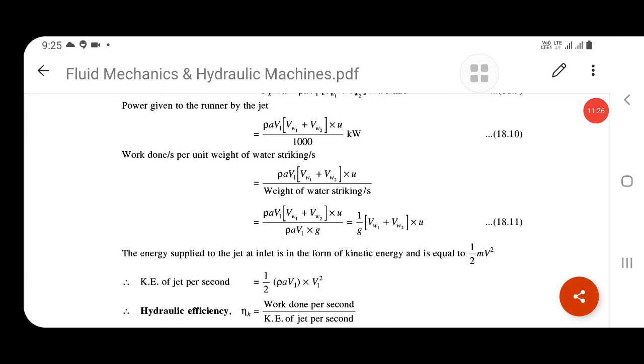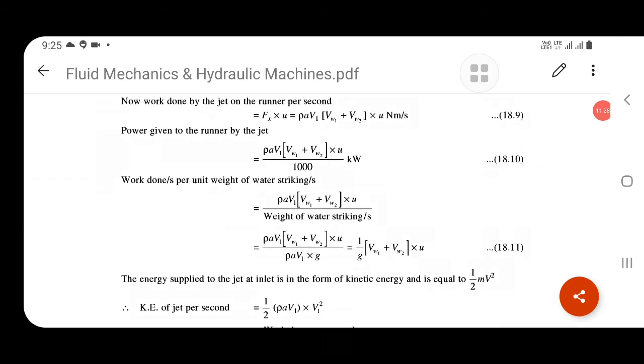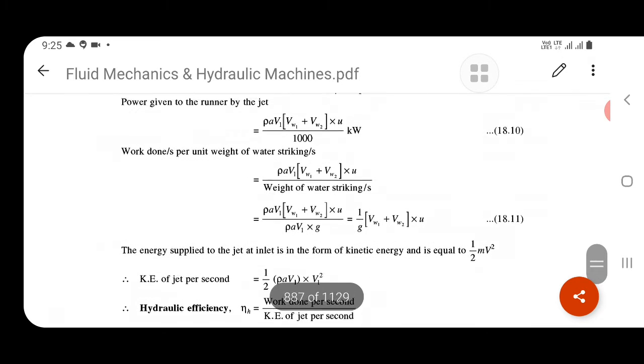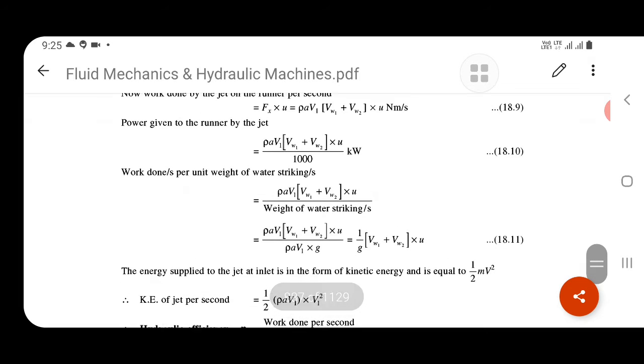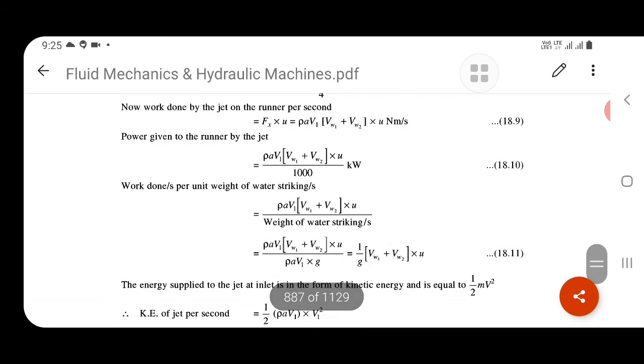Write down these lines. Work done is the output, kinetic energy is the input. It is required for the efficiency of turbines.